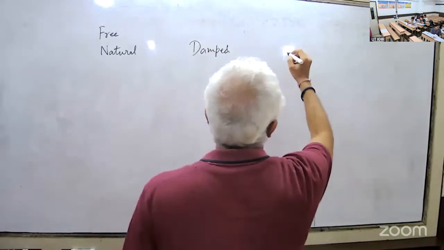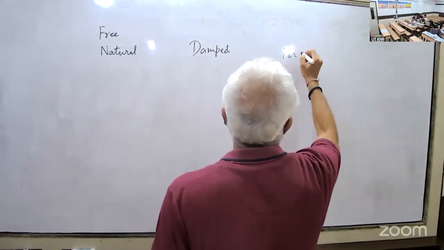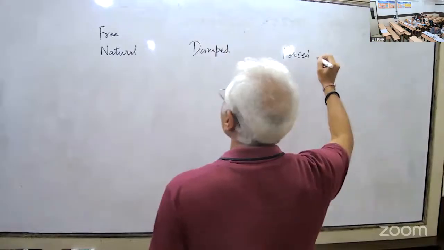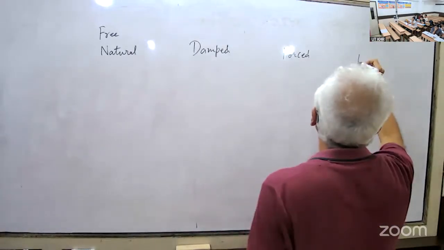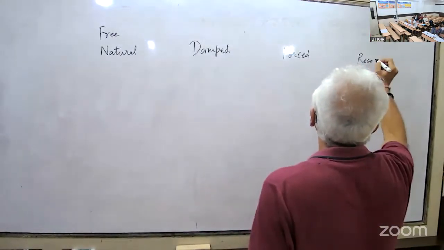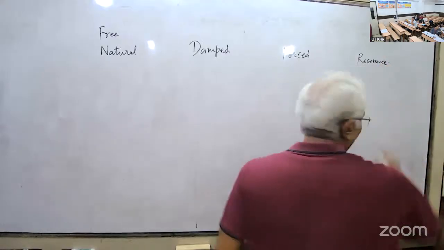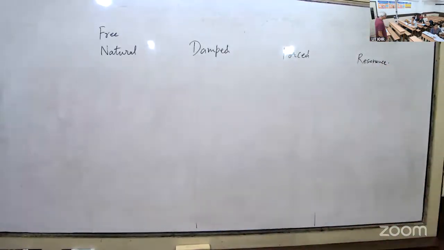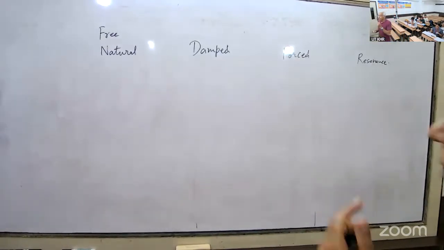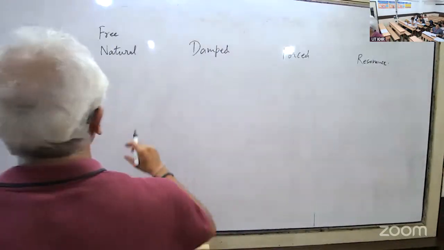Then you have forced vibrations. And you have resonance. Now, what is the origin of sound? Vibration. And there are different types of vibrations. So this is the last part of sound, in which we will study what the different types of vibration are.